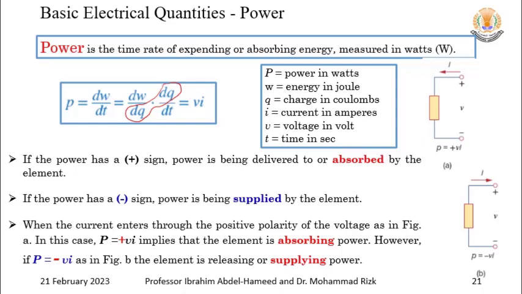Now, in electric circuits, you have sources and elements. Sources generate, deliver, and supply power, and elements absorb power.